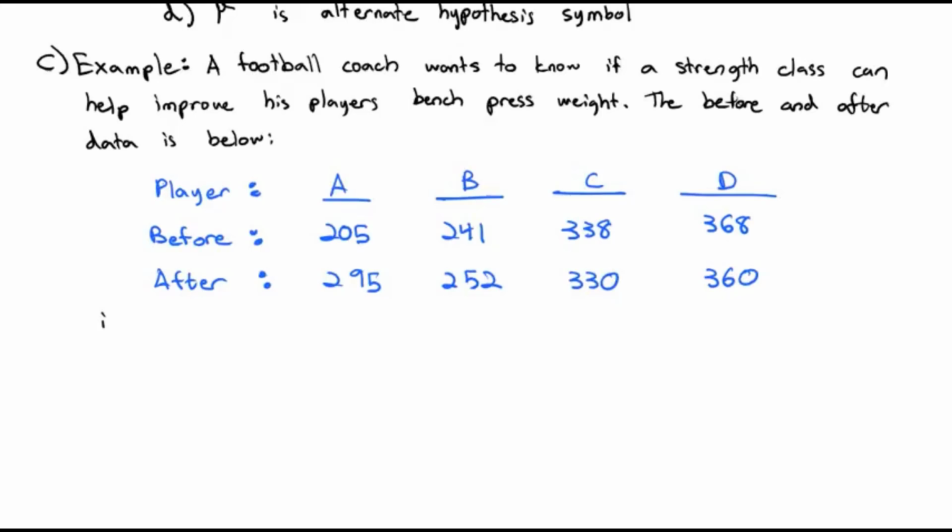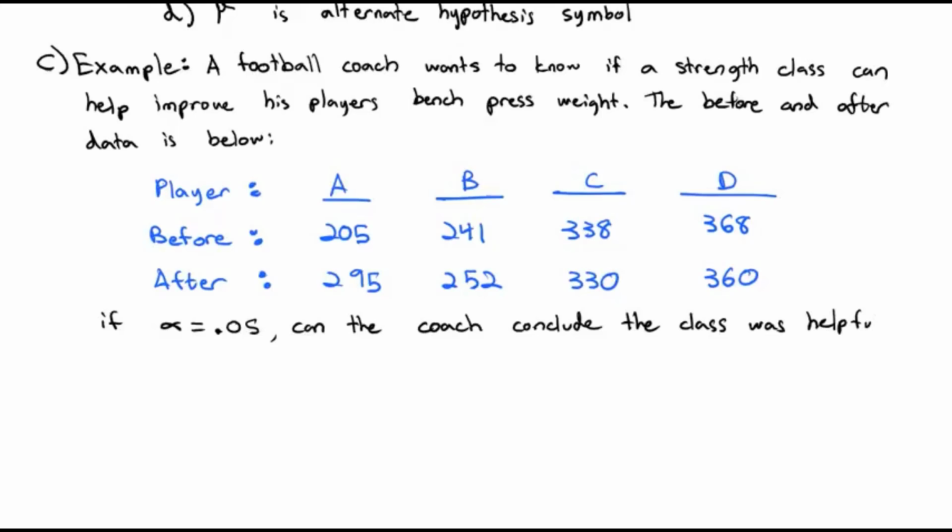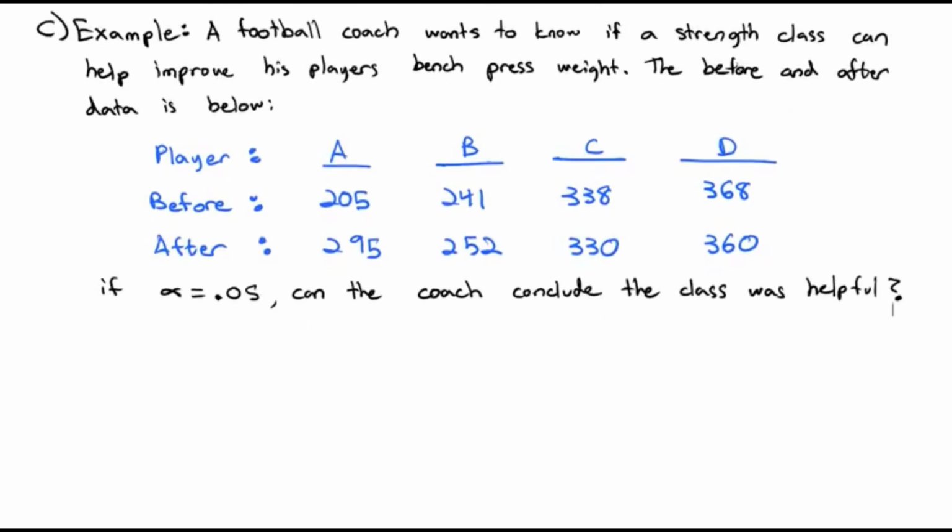So the question is, if alpha equals 0.05, can the coach conclude the class was helpful? We're going to run a hypothesis test of matched pairs to see if there's a significant difference.